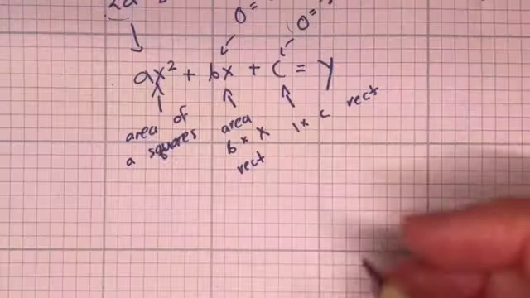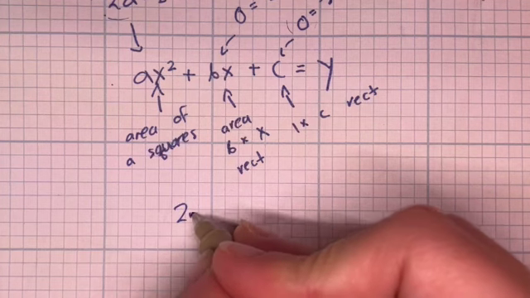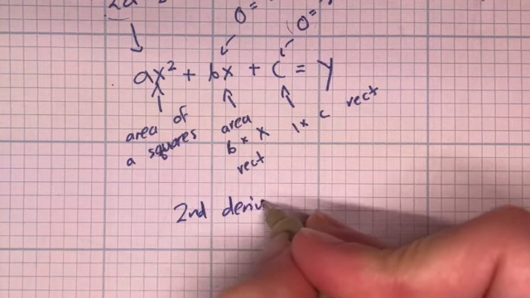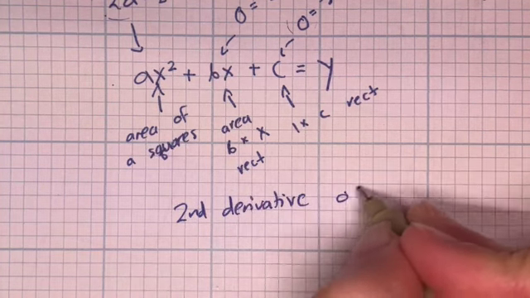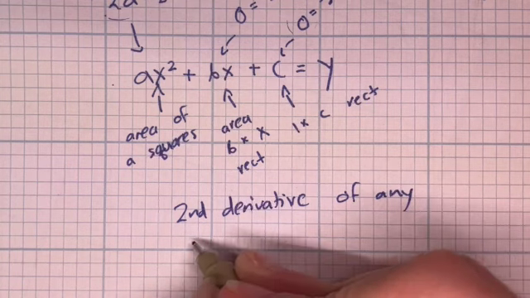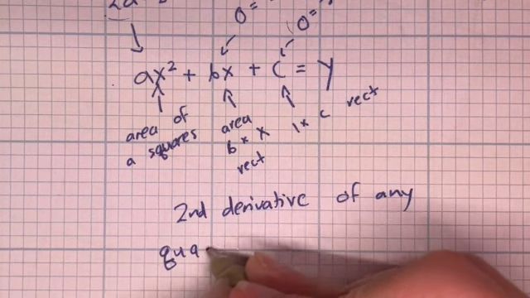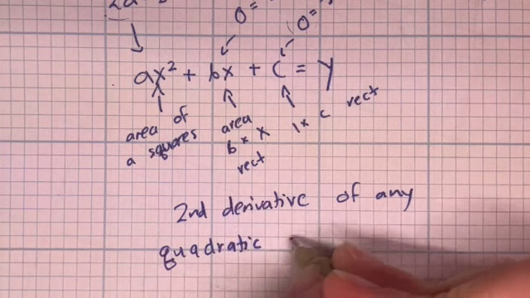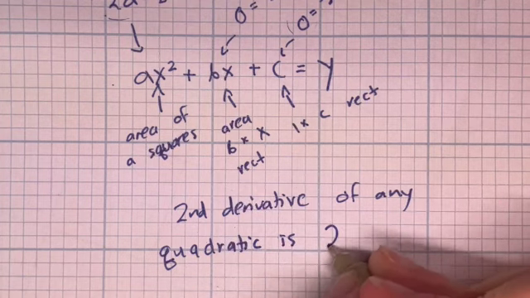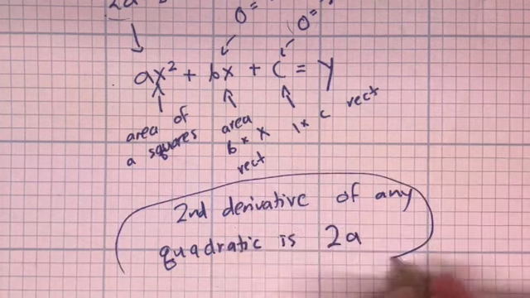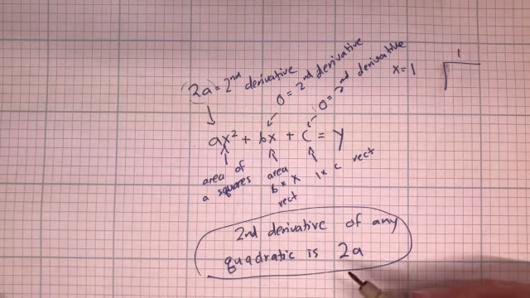So overall, the second derivative of any quadratic is 2a.